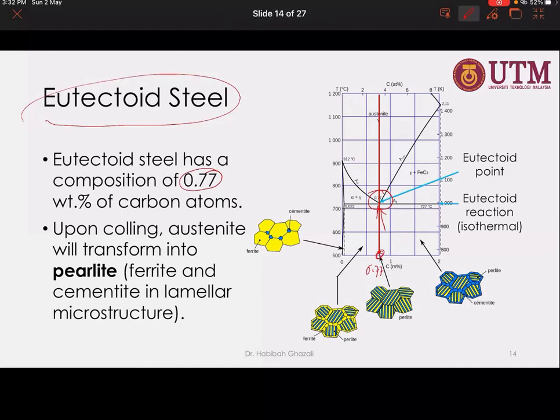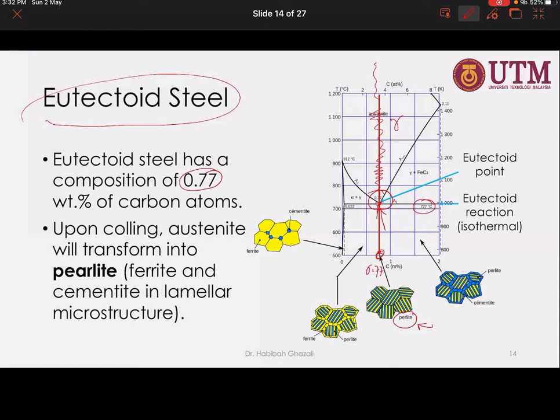Upon cooling from liquid, you get austenite in the solid form, and then reach this temperature. What temperature? 727 degrees Celsius. It will stop here until austenite is completely transformed into two phases, pearlite. What is the composition of pearlite?